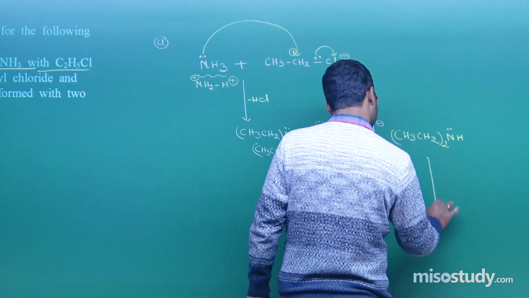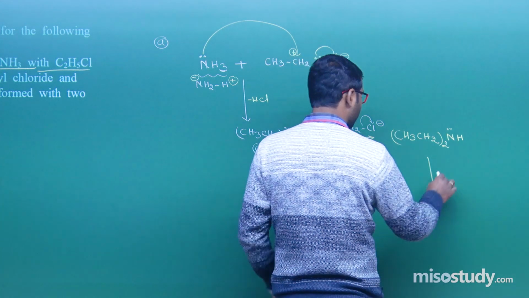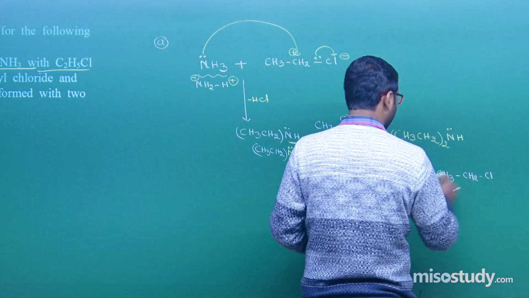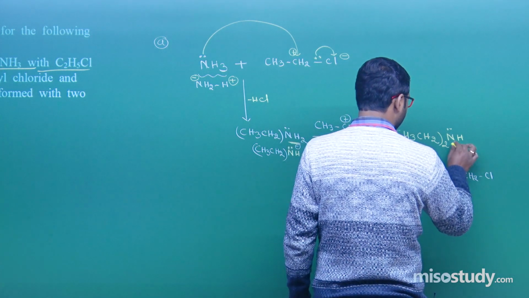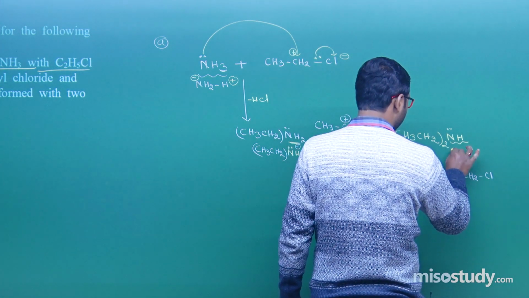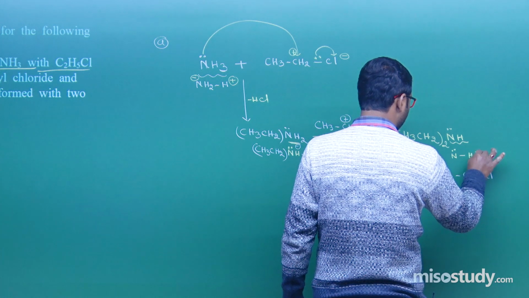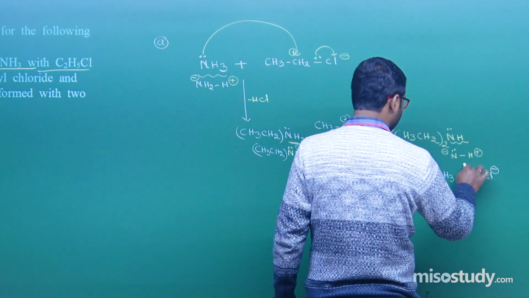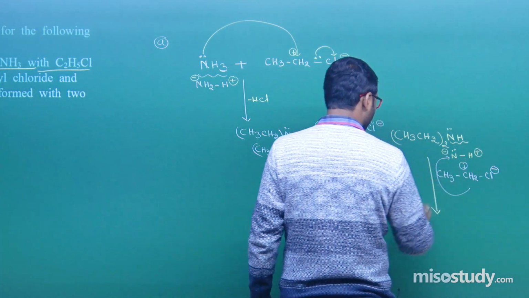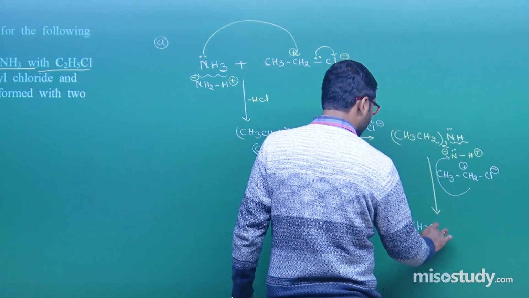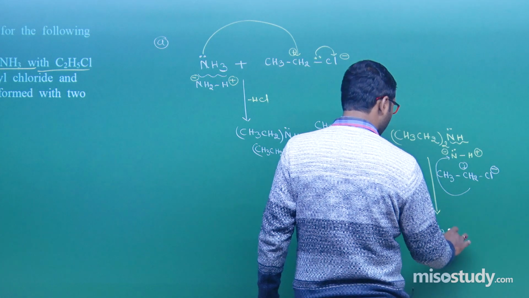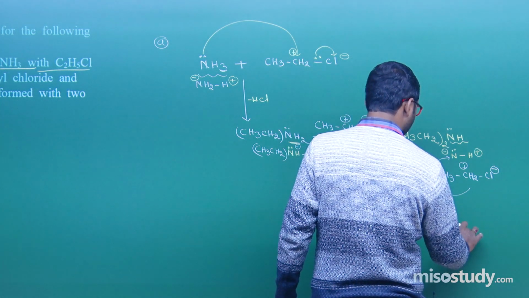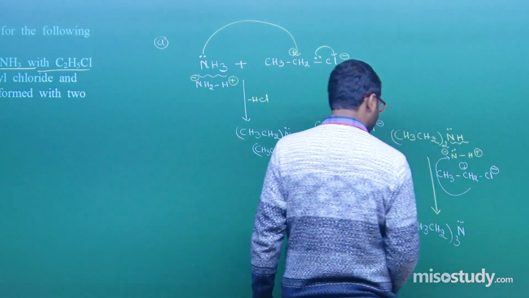Am I right? Yes. Now again, it is treated with CH3 CH2 Cl. Similarly, it can be written like this: NH, H plus, this N minus. So again this one minus, this plus, so it will move here. So finally what we get? (CH3 CH2) whole thrice N. Am I right?